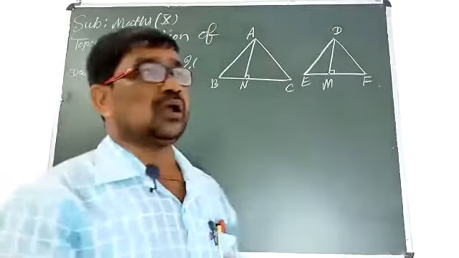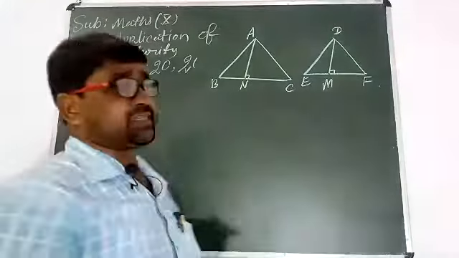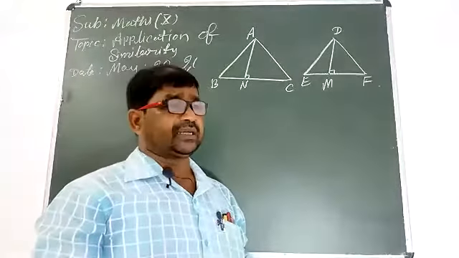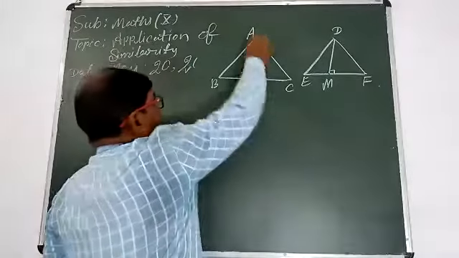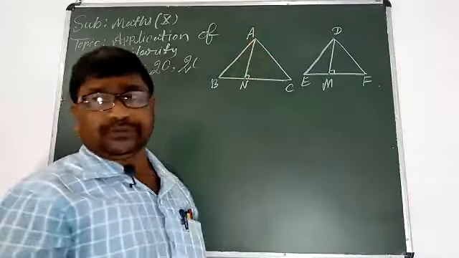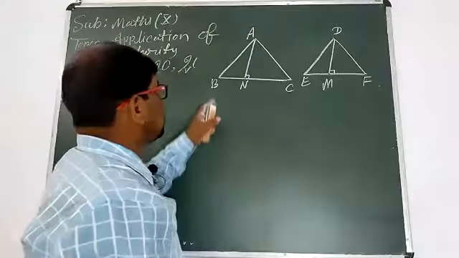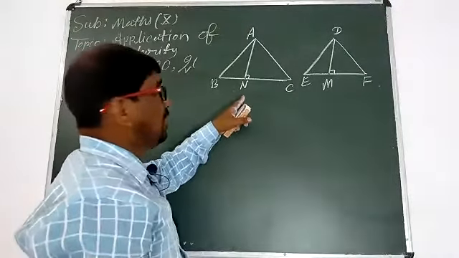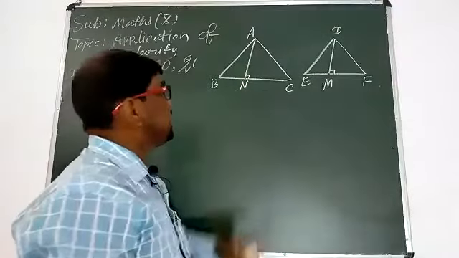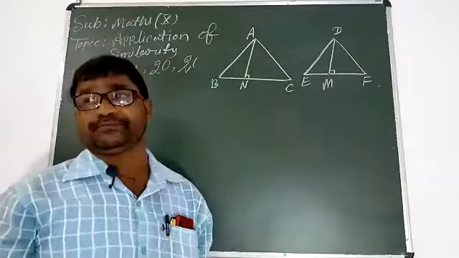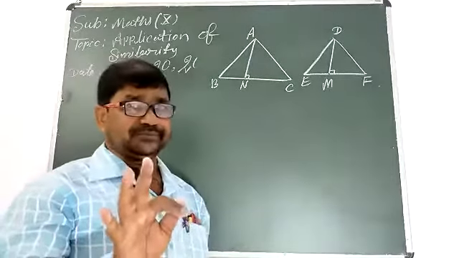Understood? In these two triangles, altitudes are drawn. AN is the altitude of triangle ABC on side BC. It means AN is perpendicular to BC.